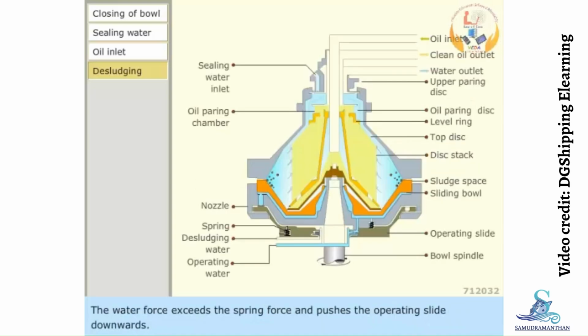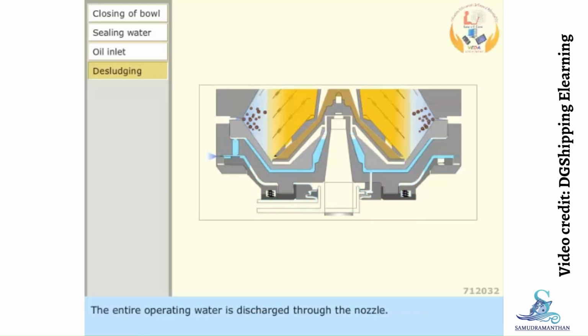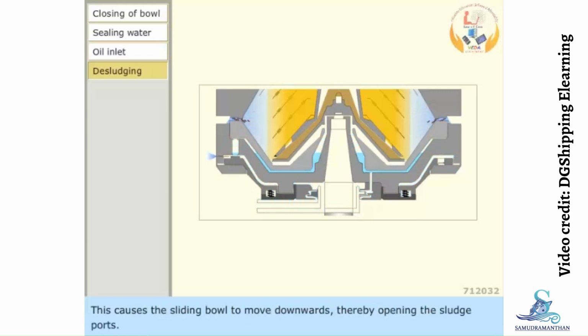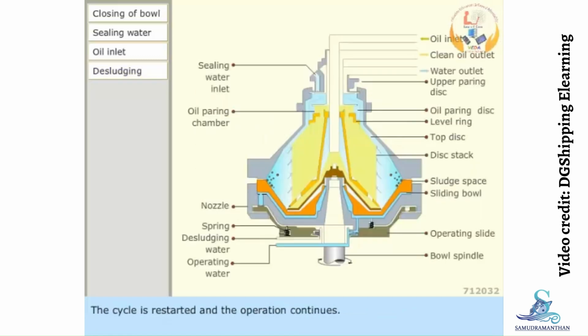The water force exceeds the spring force and pushes the operating slide downwards. The entire operating water is discharged through the nozzle. This causes the sliding bowl to move downwards, thereby opening the sludge ports. The sludge is discharged through the sludge ports. The cycle is restarted and the operation continues.